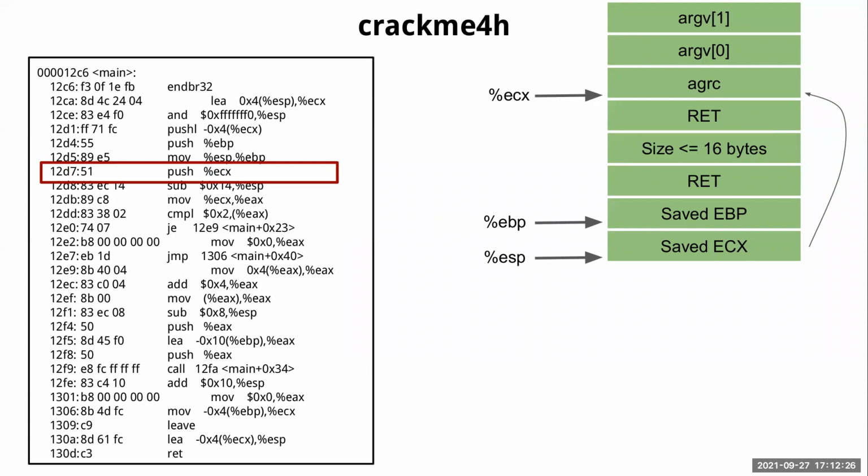So we have a saved ECX, and this is a pointer, it points to here. The reason we want to do this obviously is our code will use ECX. So we want to save ECX. So this is what the stack looks like after this. We have return address, 2 copies of it. Well, obviously they have the same value, 2 copies. We'll have the saved EBP, the saved ECX.